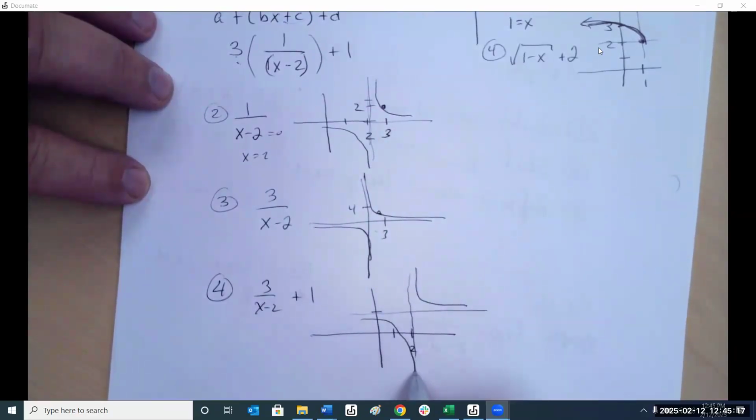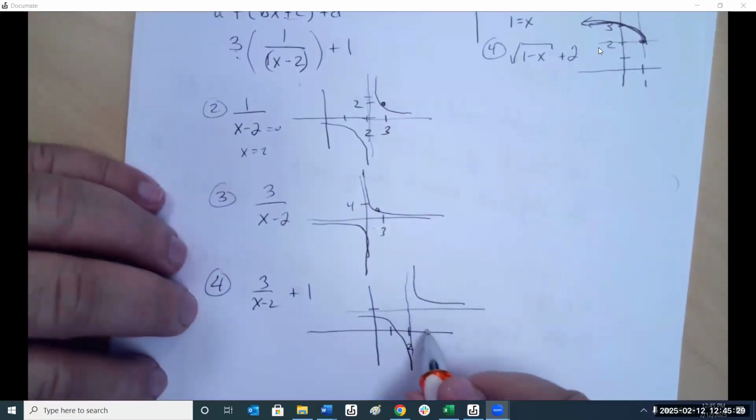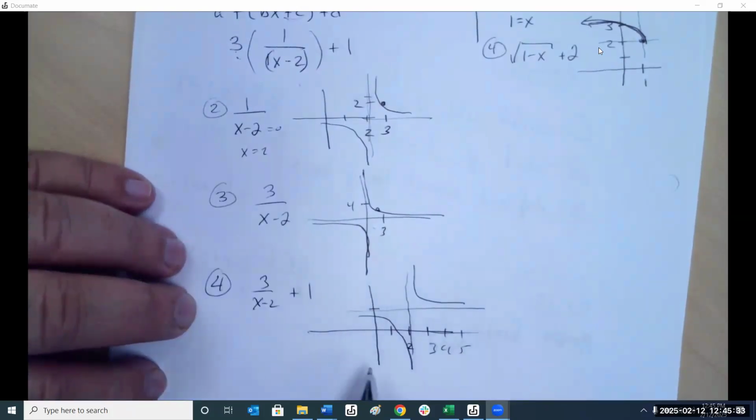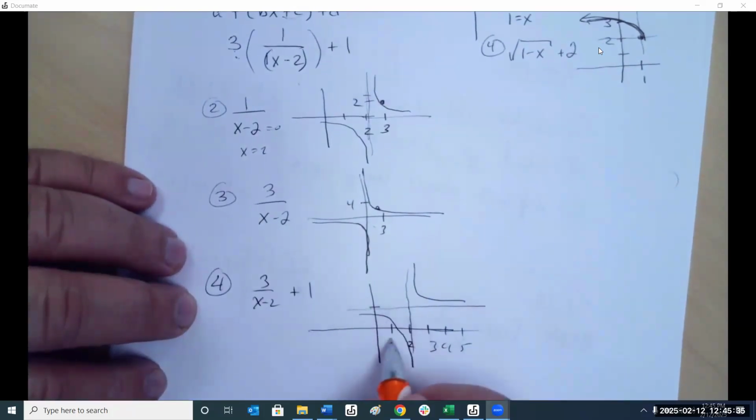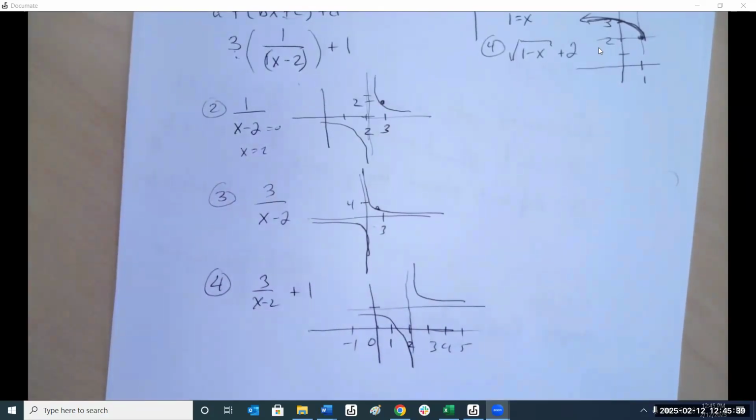There's my graph. Now, this just gives you the blueprint. Now you pick a couple of points here, 3, 4, 5, see what happens. Then from here, you can plug in 1, 0, -1, and see what happens. And plot those points, and there you have it.